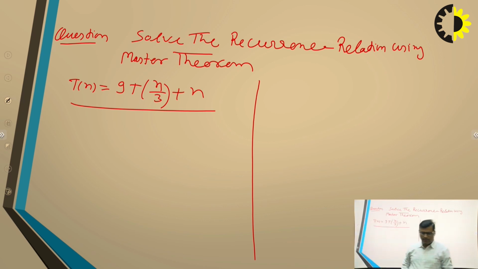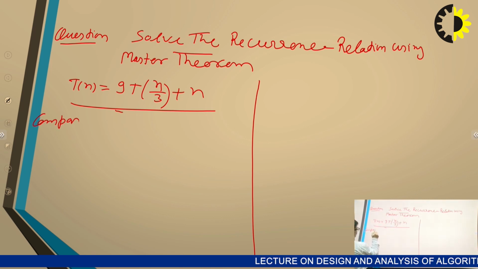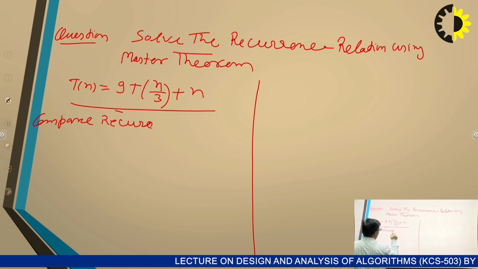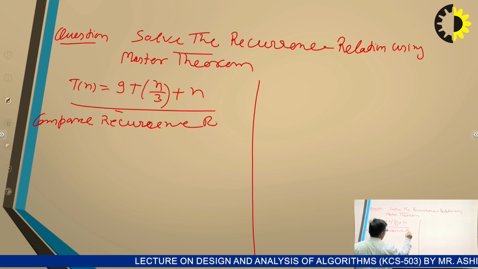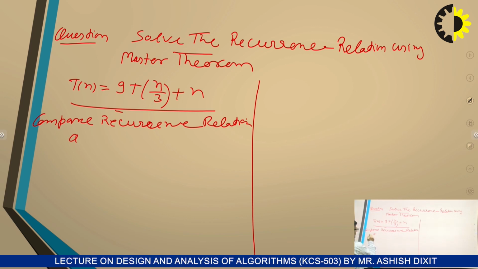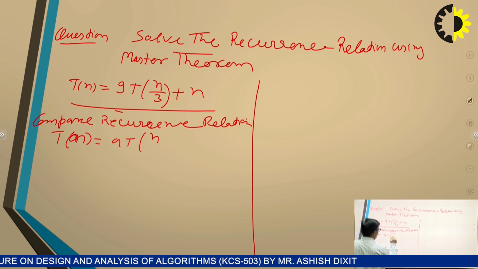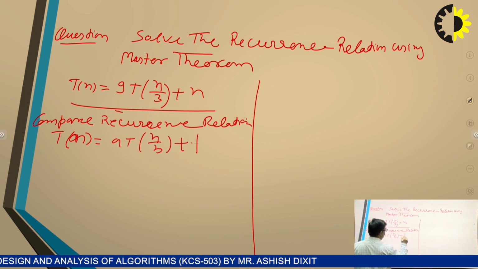Firstly, here we will compare the given recurrence relation to the master theorem. Compare the recurrence relation: T(n) is equal to a T(n by b) plus f(n).